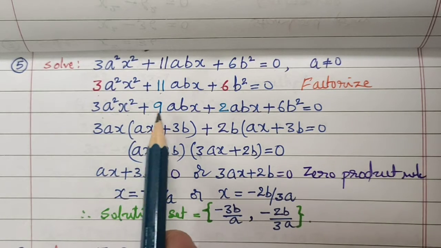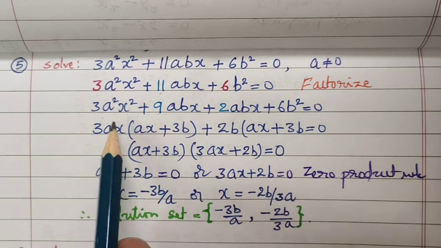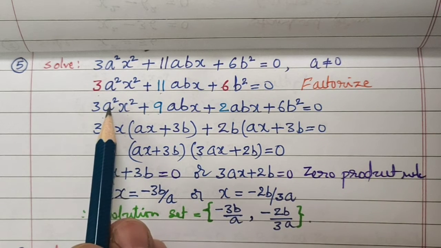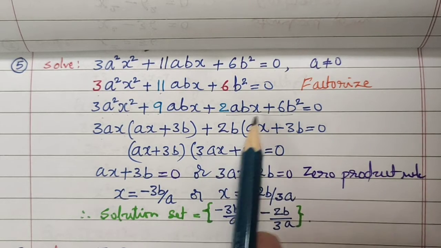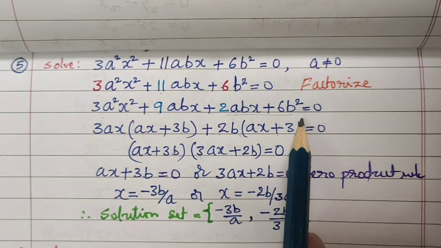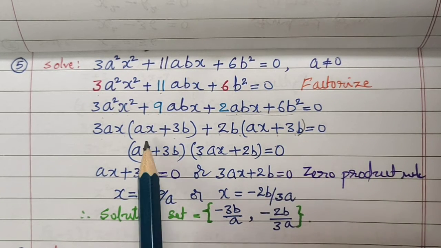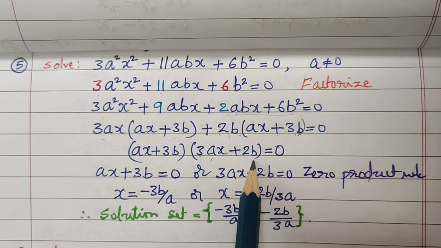3a²x² + 9abx + 2abx + 6b² = 0. Take out 3ax in common here, left with ax + 3b. Out of these two, take out 2b as common, you are left with ax + 3b. So out of these two, take out ax + 3b as common, and we are left with 3ax + 2b equal to 0.